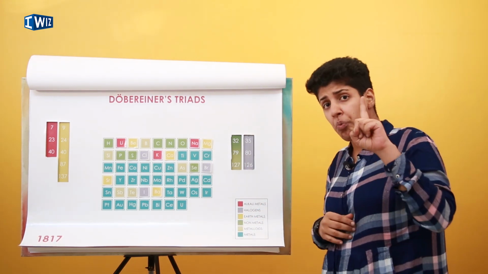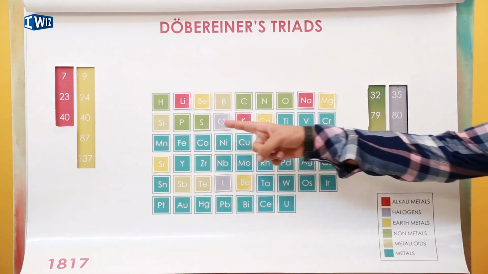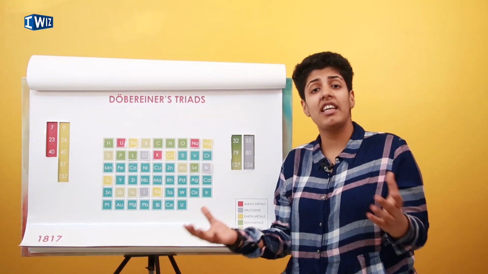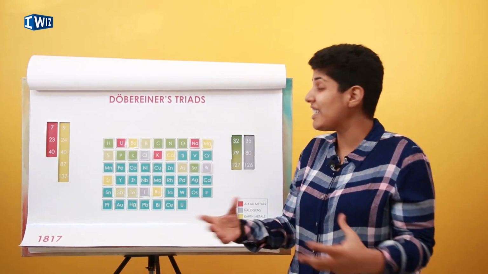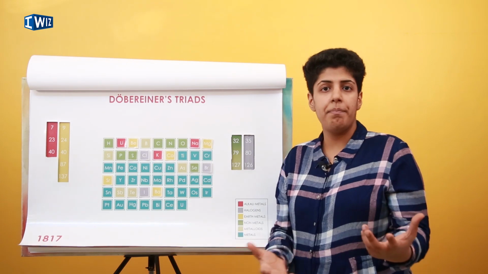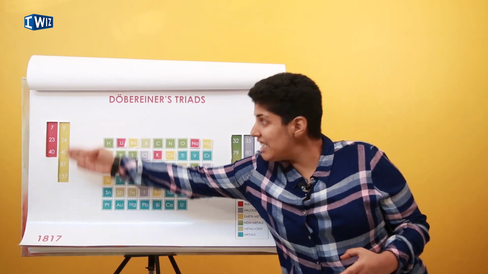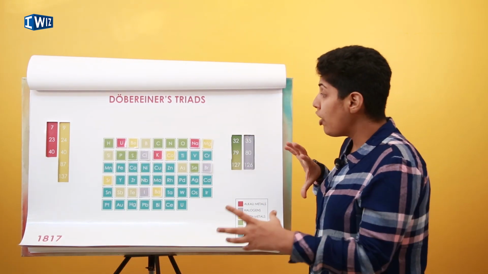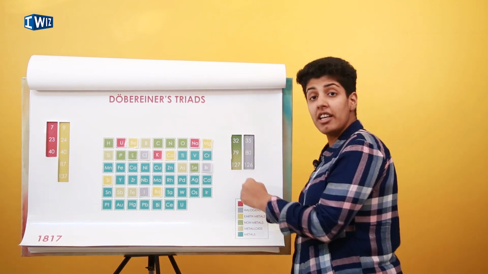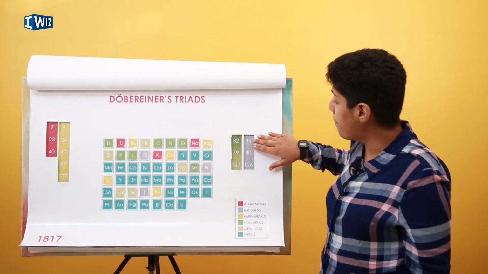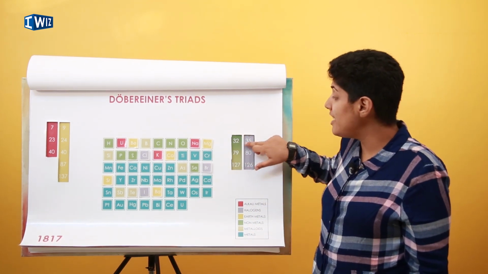He didn't just see one such triad. He saw chlorine, bromine and iodine. All of these are halogens. They react very aggressively with these metals, and they also seemed to share the same property, the atomic mass of the one in the center.